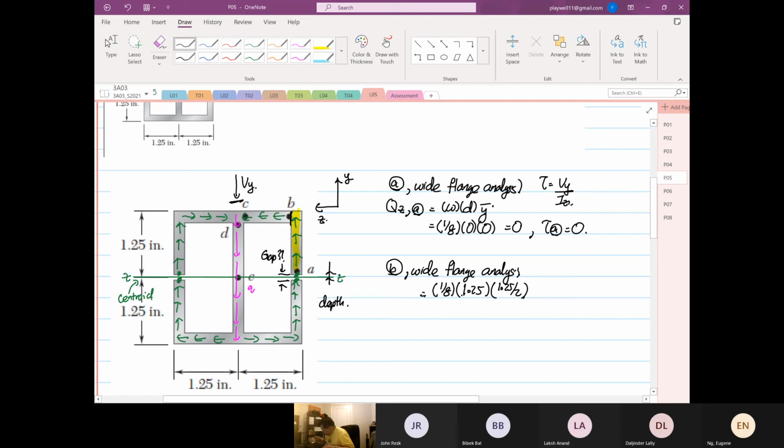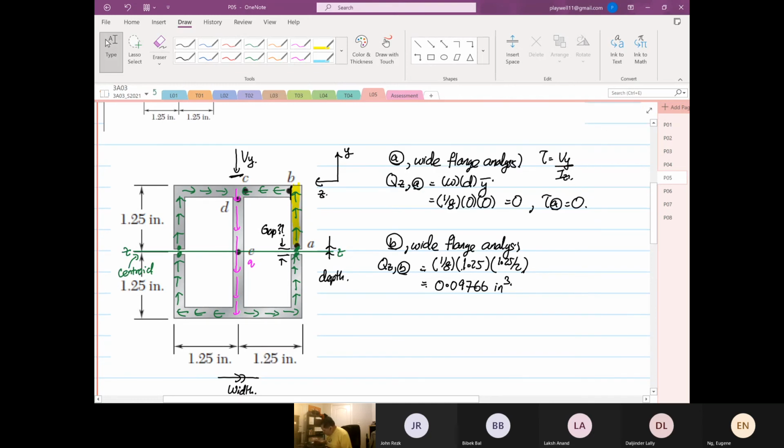Okay. So QZ. Right. So this is equal to 1.25 by 1.25 divided by 2 times 1/8, which is equal to 0.09766 inch cubed. Okay. So if you check, the answer is also correct.